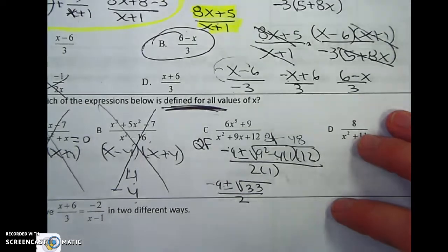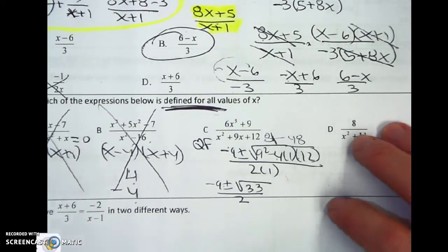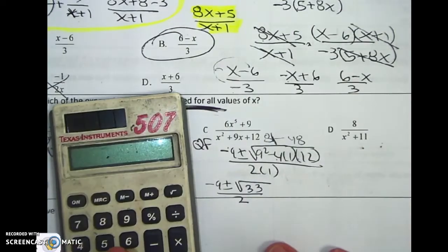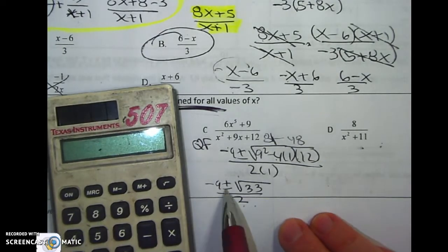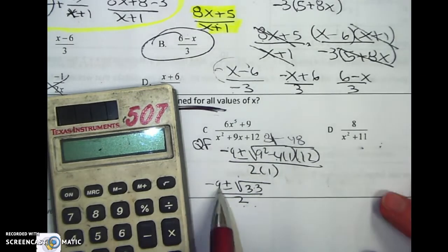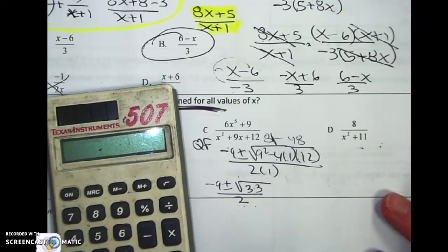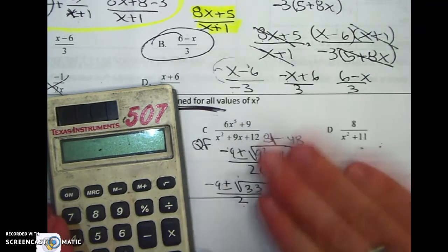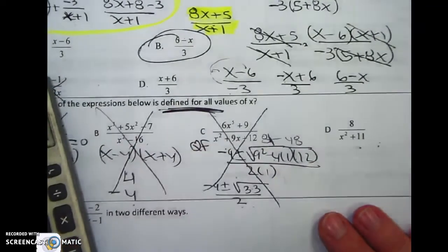Since I could literally pick up my calculator, I know this isn't the best one, I could pick up my calculator and find the answer. This has restrictions. Negative 9 plus the square root of 33 over 2 is a restriction. Negative 9 minus the square root of 33 over 2 is a restriction. Since it has restrictions, this one's out.